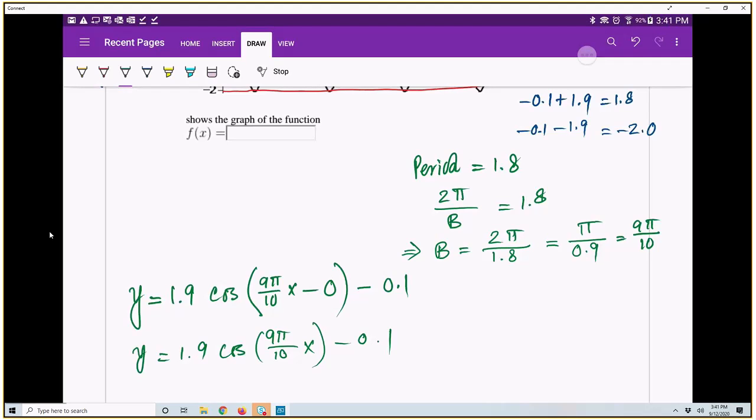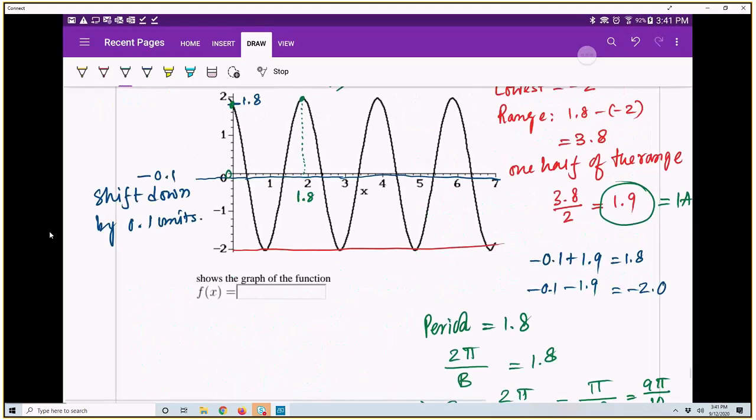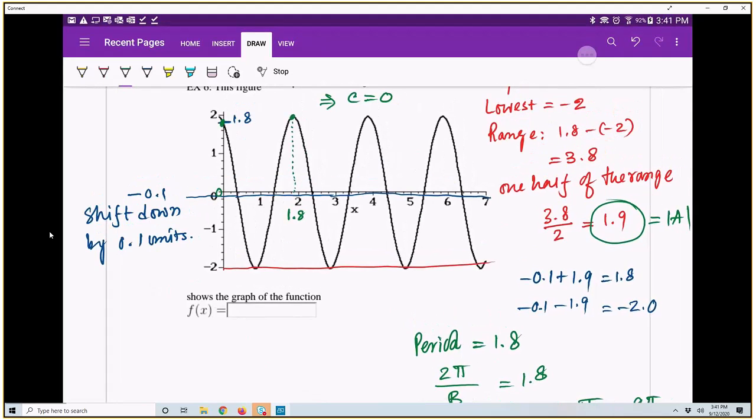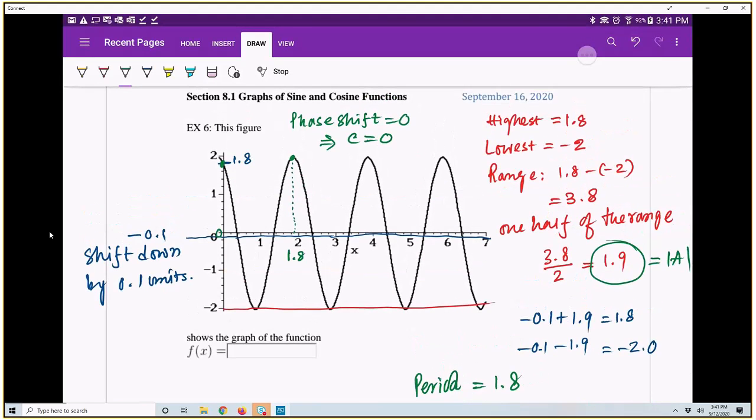Now what I will do, I will start with the same graph, but instead of thinking of it as a cosine function, I will think about it as a sine function. Remember, for a sine function, I can think of this entire situation starting at this point, 1.2, and this one is the value 0.